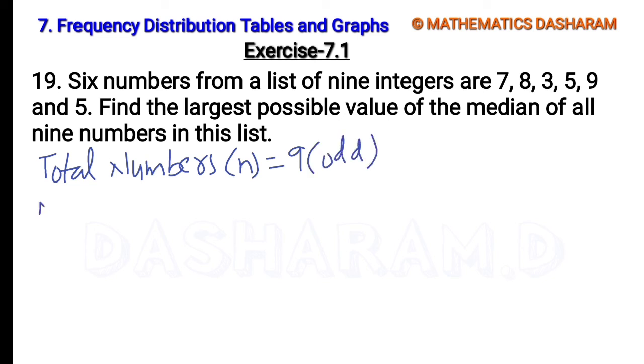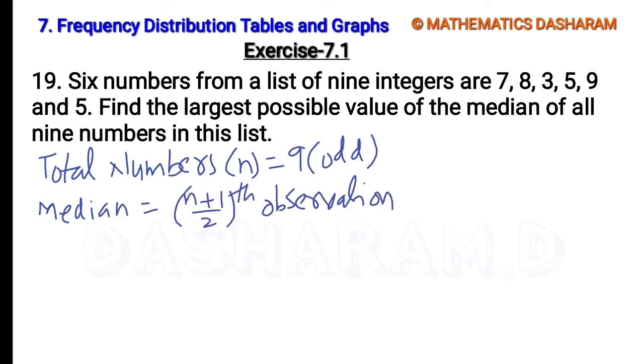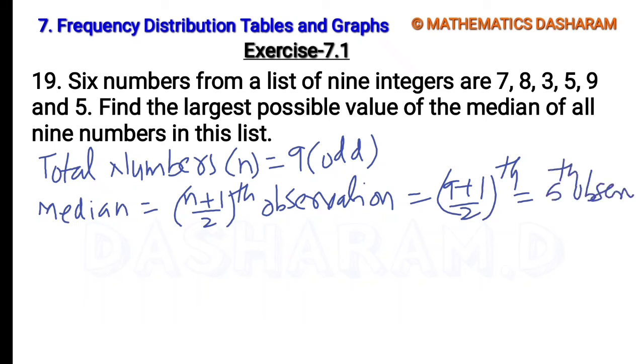If 9 is an odd number, then the median equals the (n plus 1) by 2th observation. So it equals the (9 plus 1) by 2th observation. So that is 9 plus 1 is 10, fifth observation. So the fifth observation is the median.